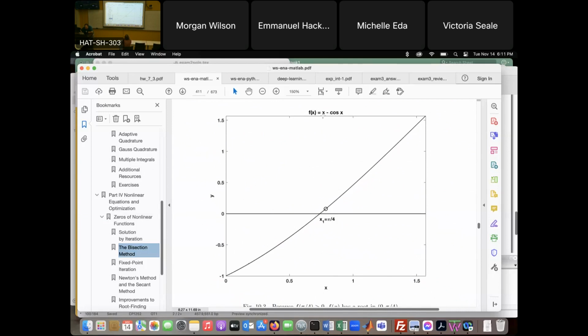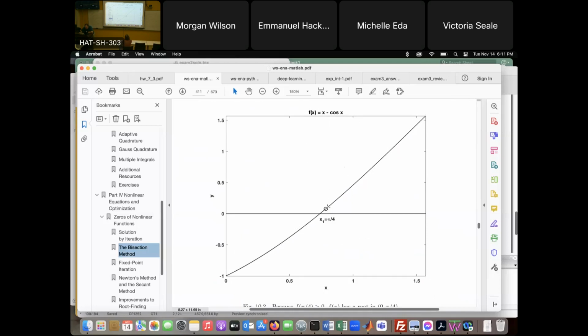When x is equal to 0, the value of f is minus 1, because cosine of 0 is equal to 1. At x equal to pi over 2, the function is equal to pi over 2. So we have a sign change, and we know there's a root in here somewhere. Here the function value is negative, over here it's positive. So we compute the midpoint, which is pi over 4.